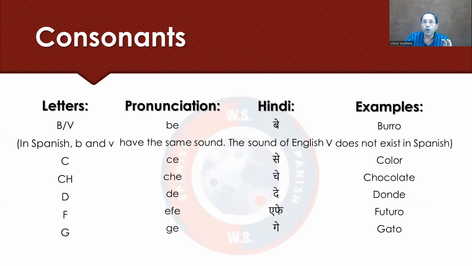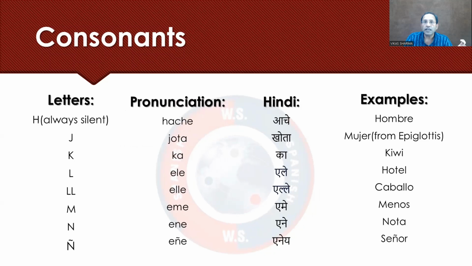B, burro. C, color. Che, chocolate. D, donde. F, futuro. G, gato. H, hombre. Jota, mujer.